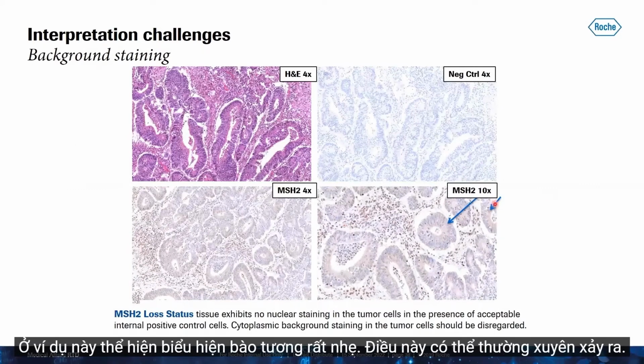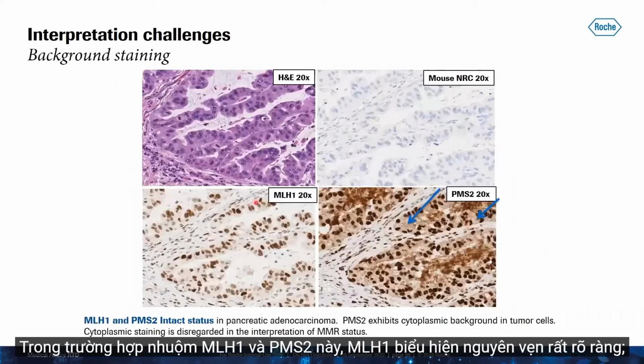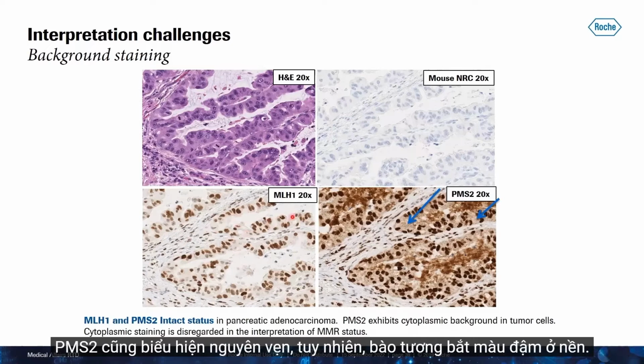Example of cytoplasmic staining that's very mild. This can frequently happen, but it's still an acceptable and evaluable slide, in this case, showing MSH2 loss of protein expression. In this case of MLH1 and PMS2 staining, the MLH1 is showing very clean, very straightforward, intact expression.